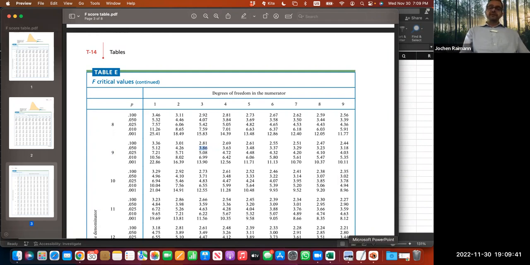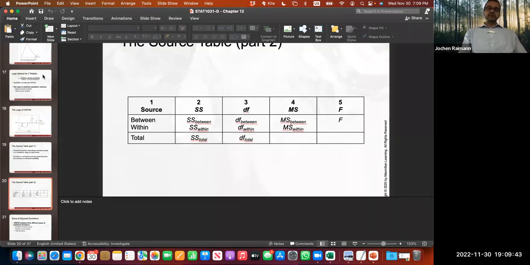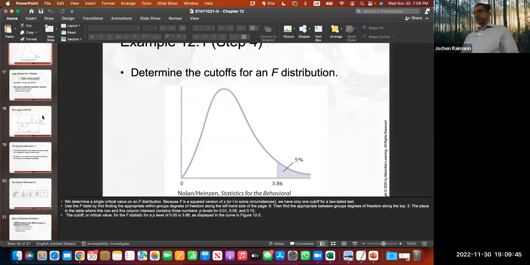So we are rejecting our null hypothesis that none of these groups are significantly different, because we are going beyond our critical value of F. And we know that our type 1 error for the ANOVA is smaller than 5%.